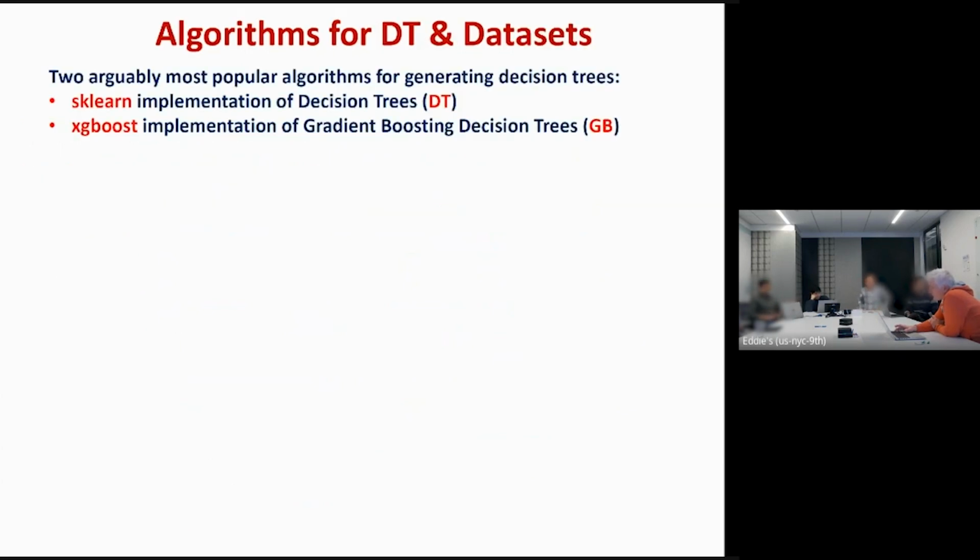So we did our experiments on two implementations of decision trees. One was coming from sklearn, which is called decision trees, and the other one is coming from XGBoost. These are gradient boosting decision trees.